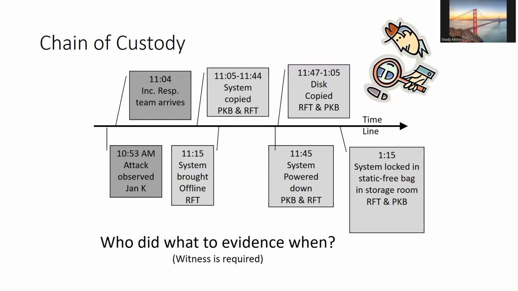It needs to explicitly say what you have done, and who did it, and give a date and time. So when the data reaches the court, they will see that at that time this happened, and this is preserving the chain of custody. If you lose the chain of custody, the court cannot accept your evidence. So it's very important that, first of all, the original evidence is not modified.